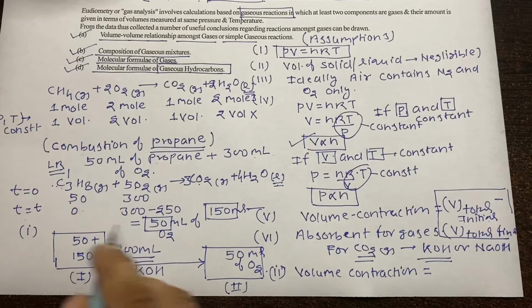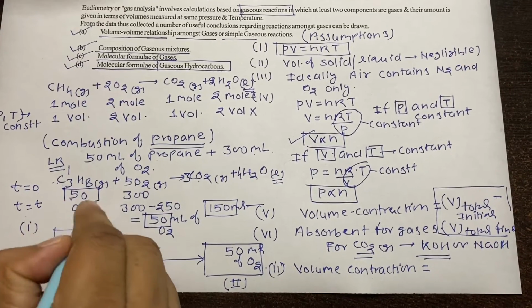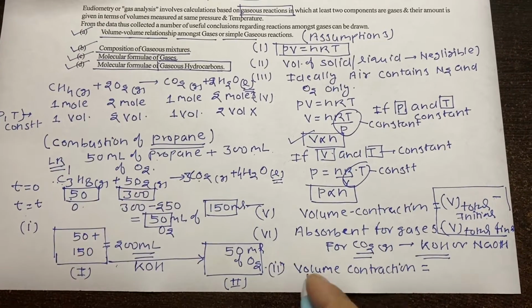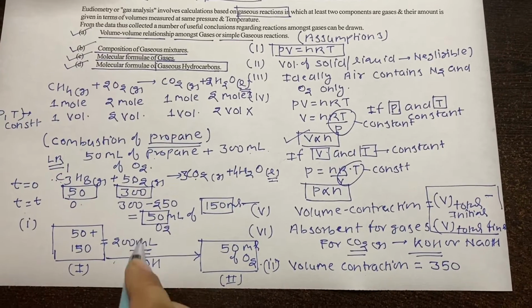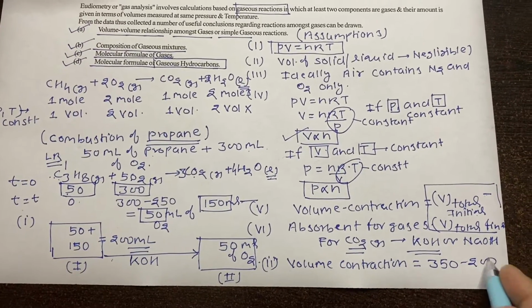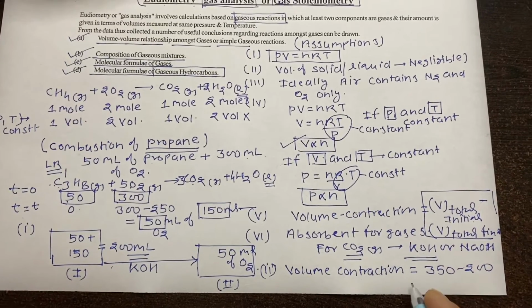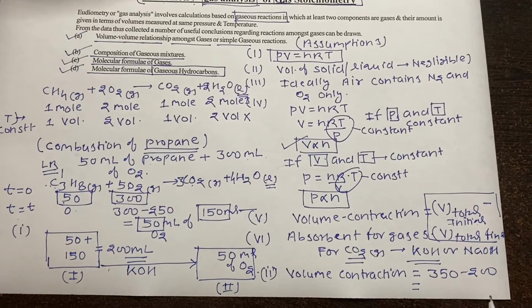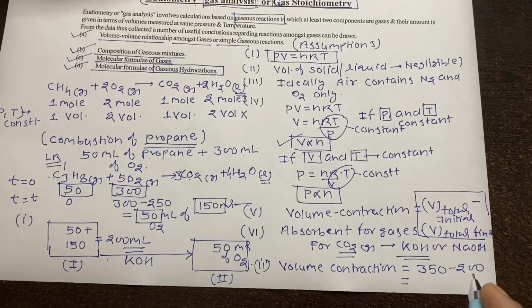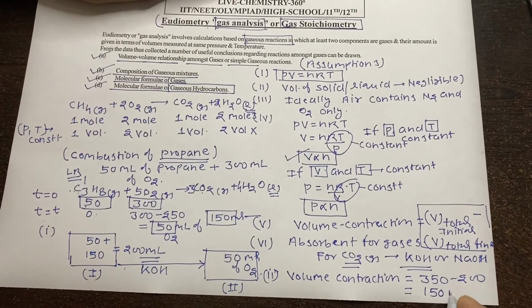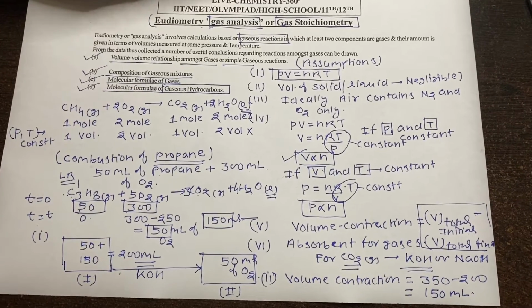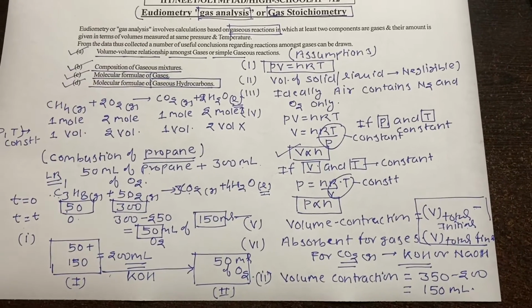So volume contraction will be equal to the total initial volume, which is 50 plus 300, which is 350, and the final volume will be 200 ml. So 350 minus 200 gives 150 ml. So 150 ml will be the volume contraction for this reaction.